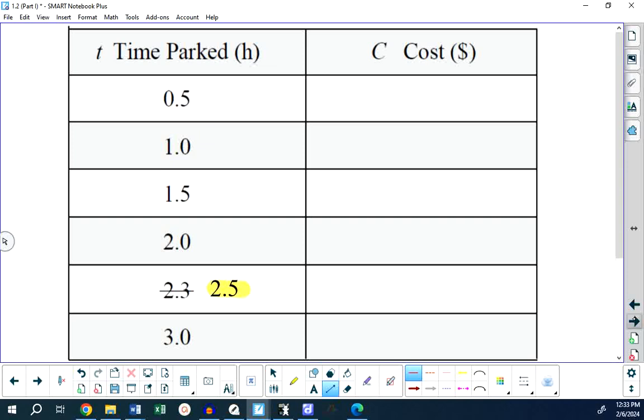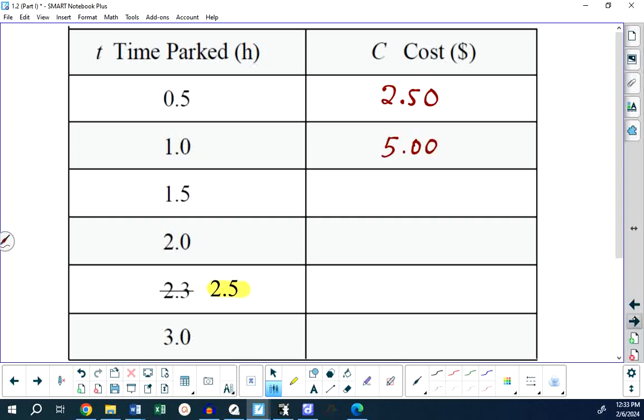So what is the cost for half an hour, for 0.5 hours? Well, it's $2.50. And I think when we complete this table, we're not really using anything complicated. We're just saying that every half hour is $2.50, which would mean a full hour would be another $2.50 or $5.